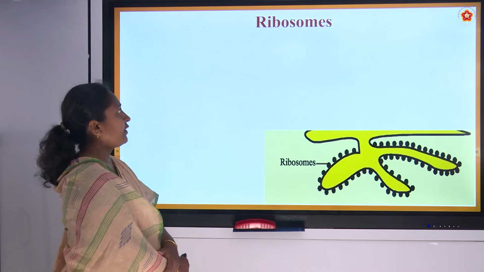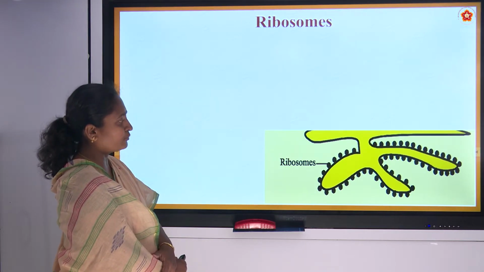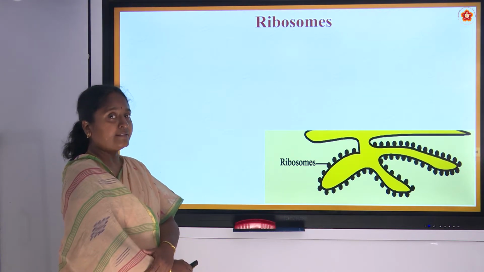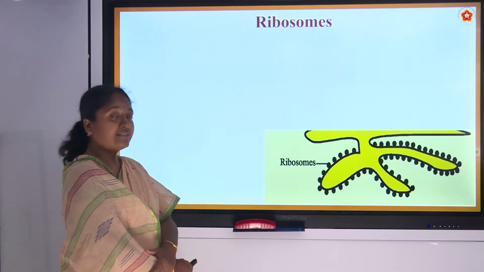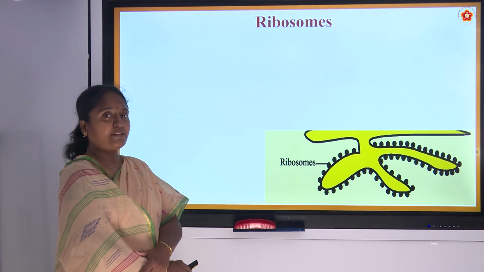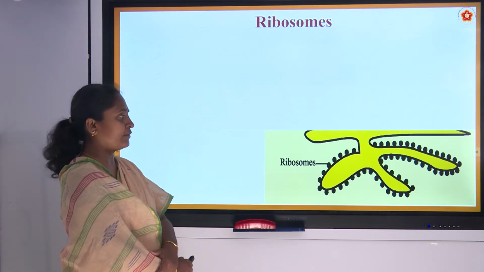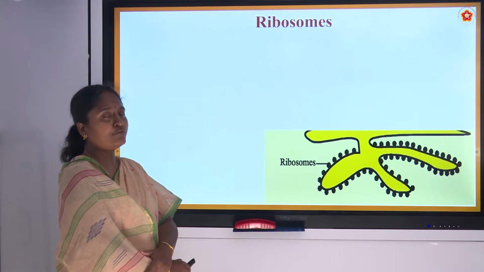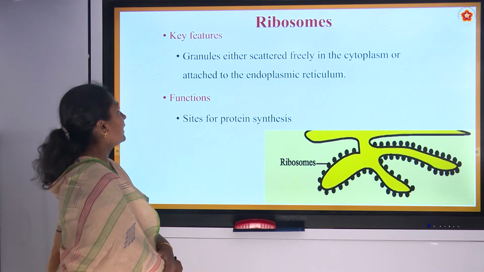The next important organelle is the ribosome. Ribosomes are found attached to the endoplasmic reticulum, as you studied in the previous slide, but ribosomes can also be present freely in the cytoplasm. Instead of attaching, they will be present both on the endoplasmic reticulum and freely in the cytoplasm.